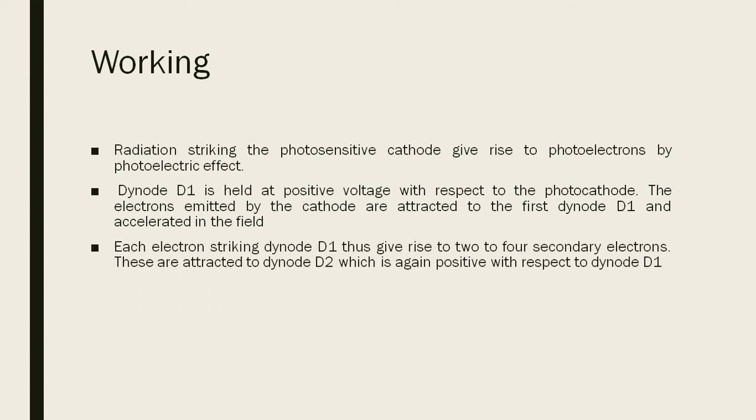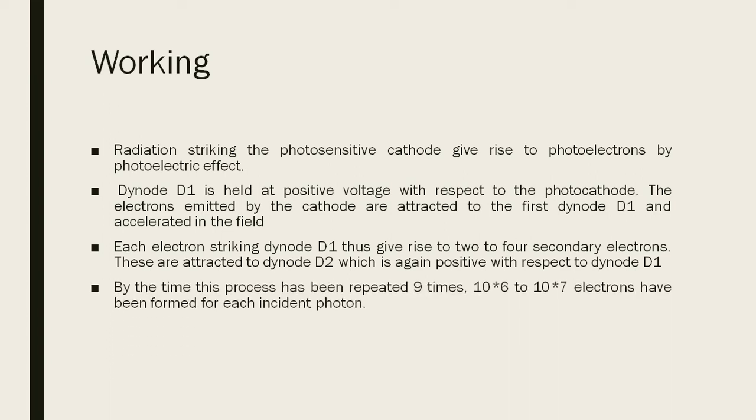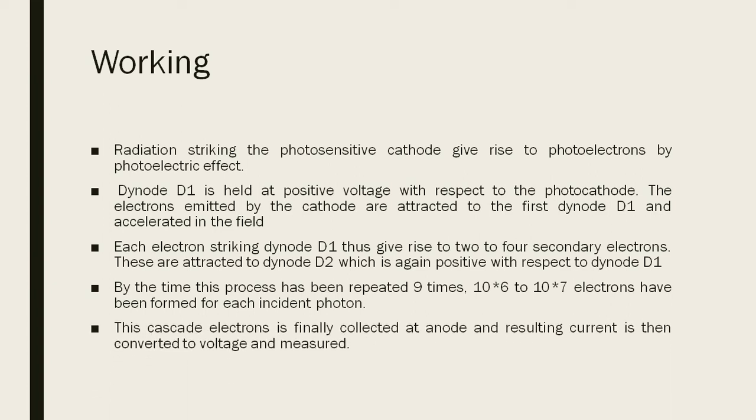Each electron striking diode D1 will give rise to 2 to 4 secondary electrons which will be attracted to diode D2, which is again positive with respect to diode D1. By the time this process has been repeated 9 times, 10^6 to 10^7 electrons have been formed from each incident photon. This cascade of electrons is finally collected at the anode and the resulting current is then converted to voltage and measured.